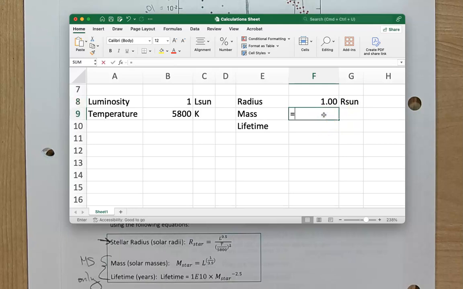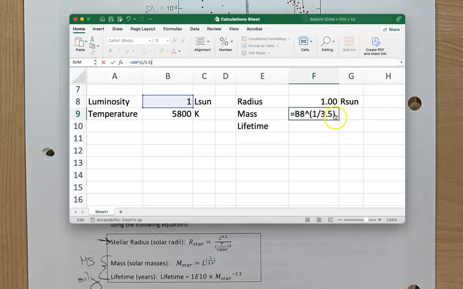The mass equals the luminosity raised to the power of 1 over 3.5. Careful here, right? Like we've seen before, the spreadsheet knows the order of operations. So if this is what I put, it would take the luminosity, raise it to the first power, and then divide that by 3.5, which is not what we want. We want the formula to take the luminosity and raise the luminosity to the power of 1 over 3.5.